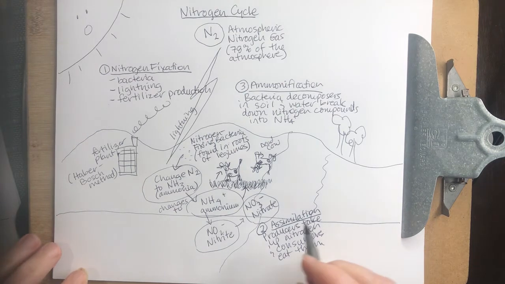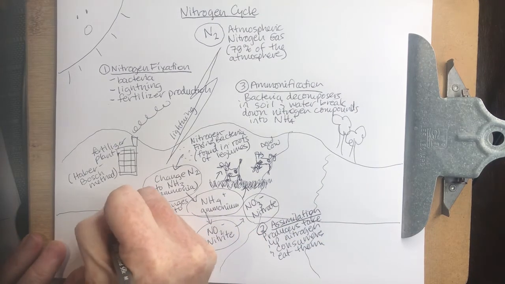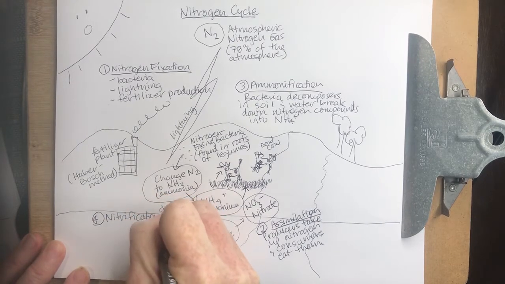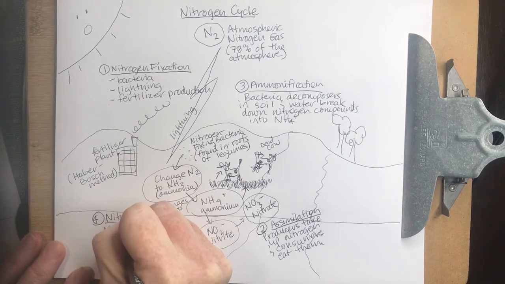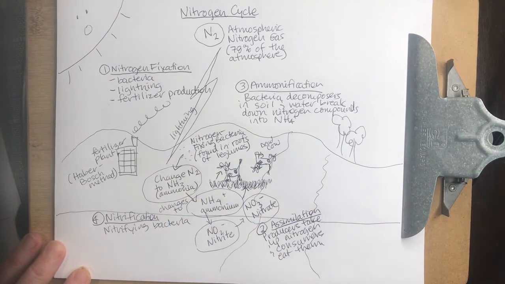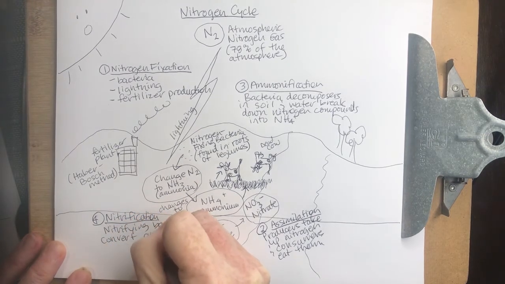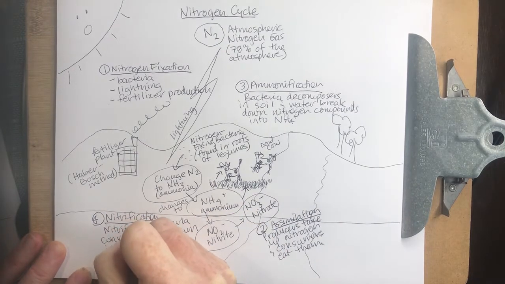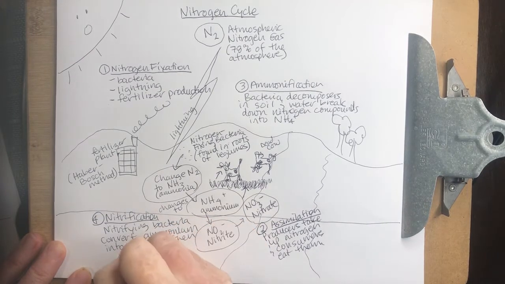All right, we want to go back and label the step of what happened over here in this process as well. This step 4 was called nitrification. I know this is a lot of words that start with N. Nitrifying bacteria convert ammonium into nitrite and then nitrate.